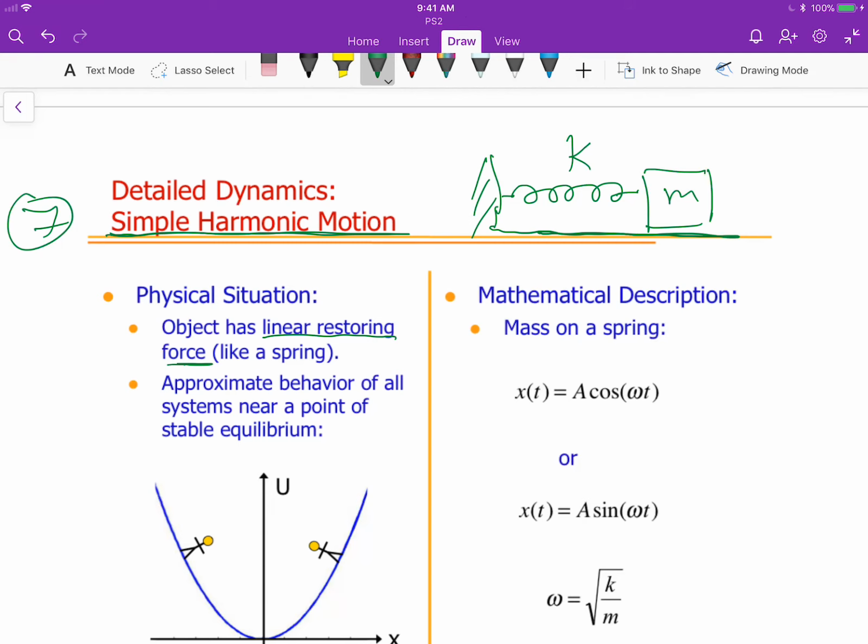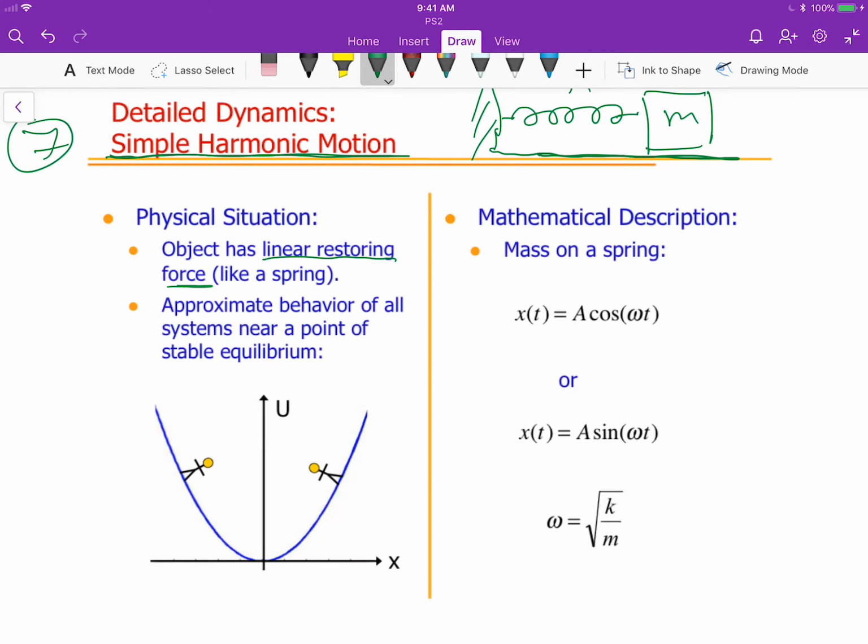A spring isn't the only situation you could see this in. You could also find this approximate behavior if you're at the bottom of a hill oscillating back and forth like this. Then you also get simple harmonic motion.